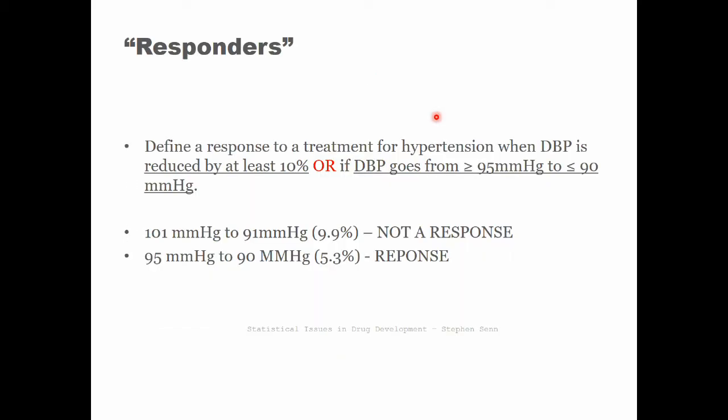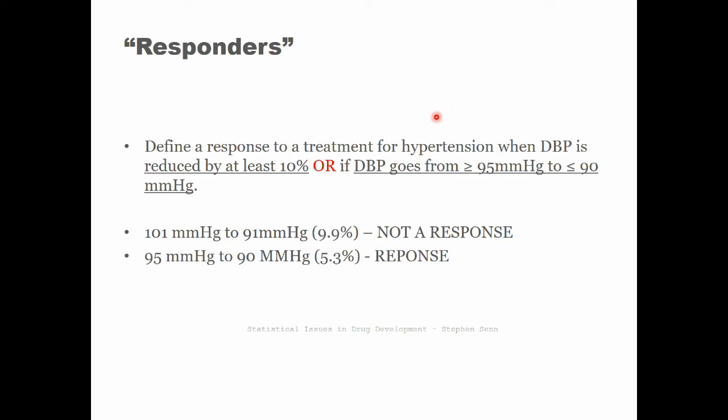And then we have this other issue, and this is the thing that I think probably irritates Stephen Senn the most, this idea that we have responders. So for example, instead of just measuring diastolic blood pressure, we might say that a response is if the diastolic blood pressure drops by 10%, or if diastolic blood pressure goes from greater than or equal to 95 millimeters mercury to less than 90.